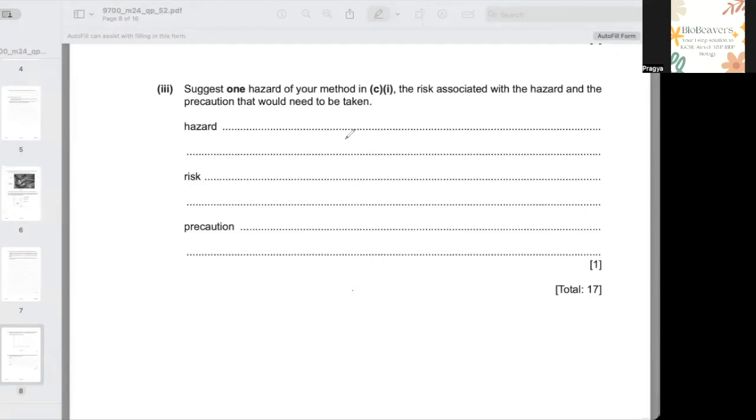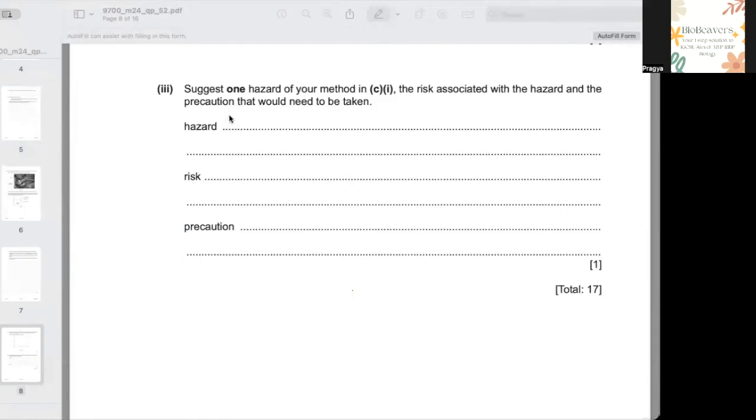The answer we are looking at is, what hazard can it be? Okay. And what risk can it cause, or what can it lead to, and what is the precaution you should be taking? So while you were working with the effect of temperature on the turnip, we mentioned that we'll be cutting the blocks for turnip. So here, very easy, the sharp object which is right here. Okay.